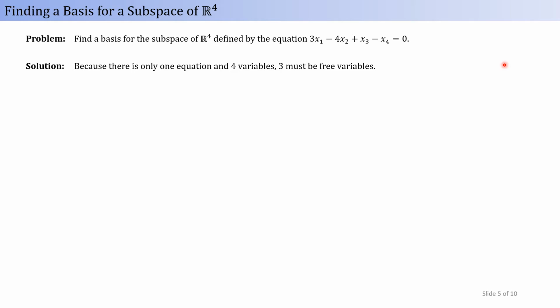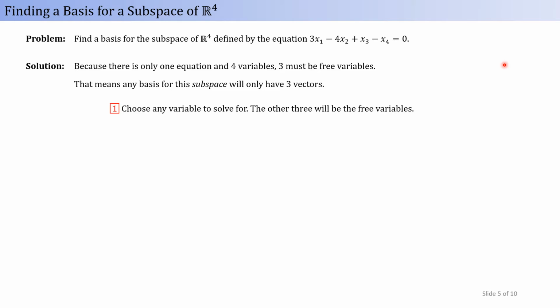Now, the nice thing is it really doesn't matter which ones you call free variables. Choose any ones that you like, and we're going to solve for the other. What's going to happen is when we solve for one of the variables in terms of the 3 variables, that will give us 3 vectors in our subspace.